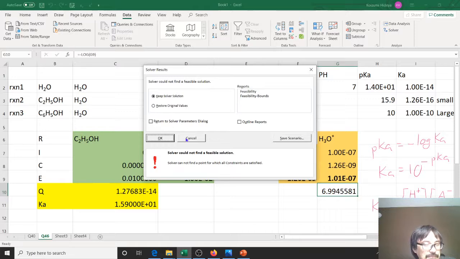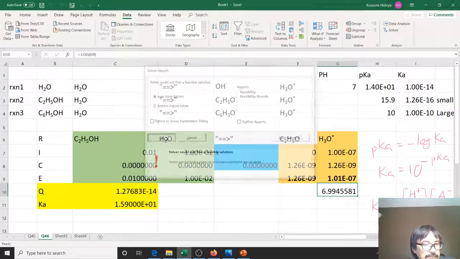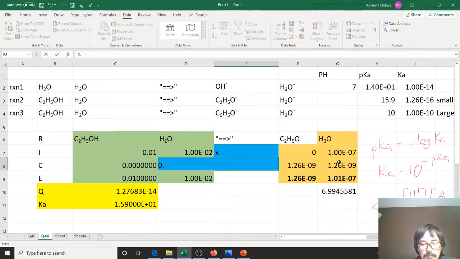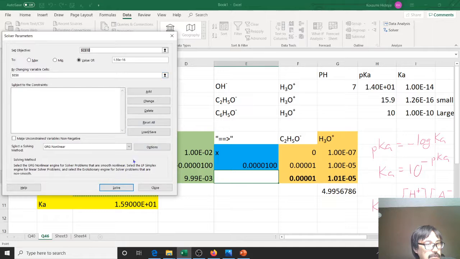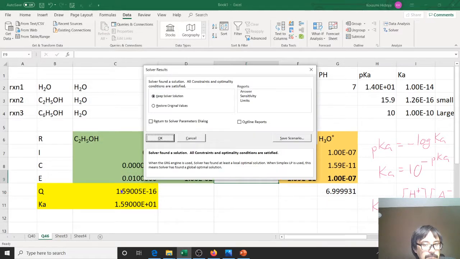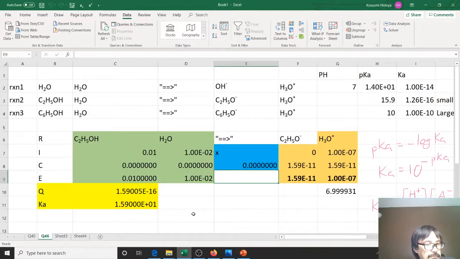When you just try to find it, I guess if you start out with 0.001, then you're gonna find the solution. So which is this one right here.